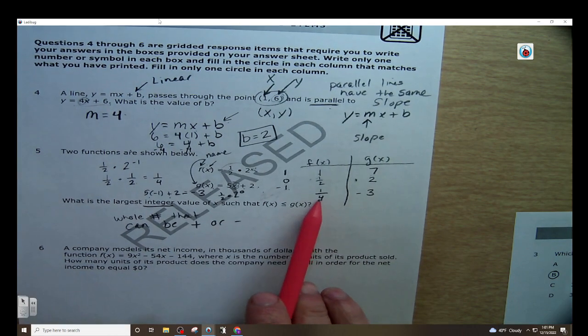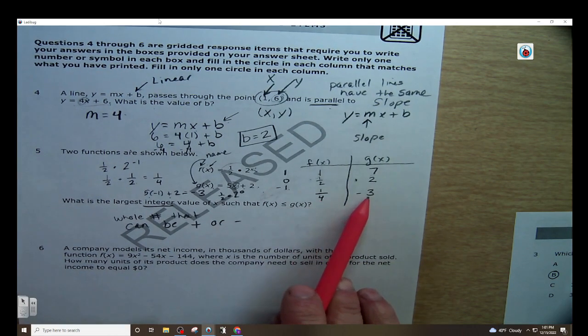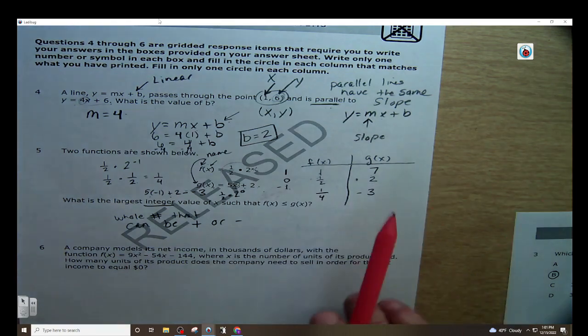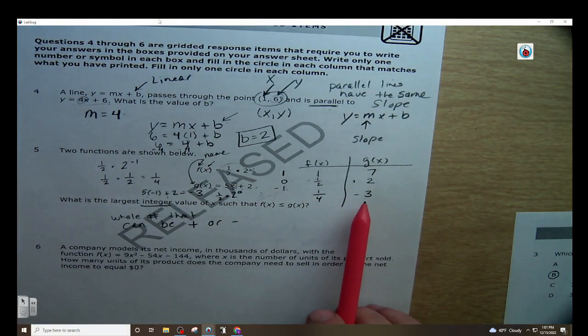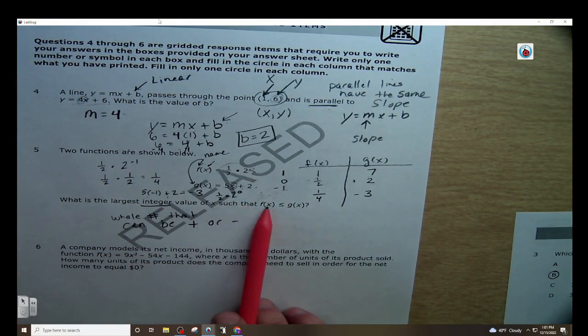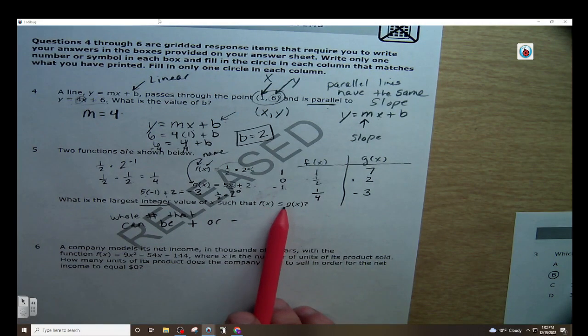let's see, 1/4 for f of x, and -3 for g of x. What is the largest integer value of x such that f of x is less than g of x?